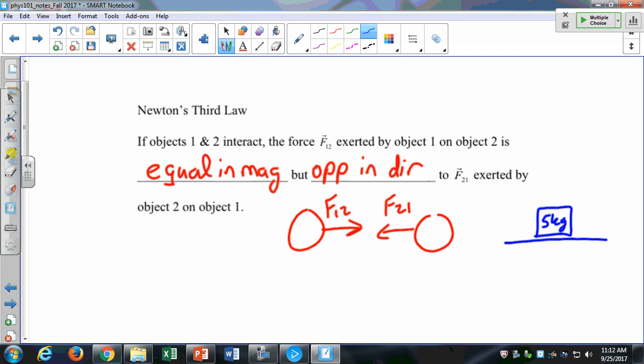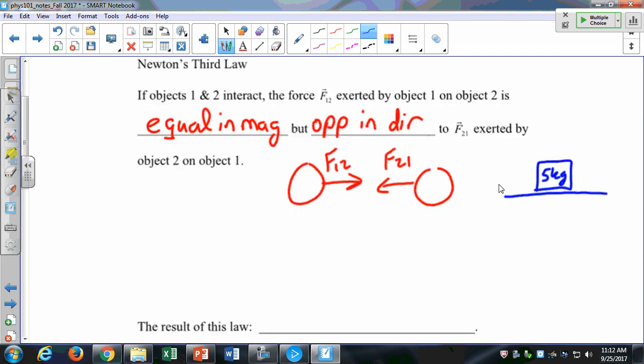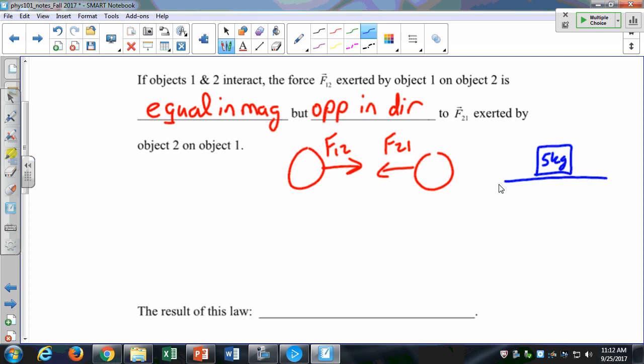And so what is the magnitude of the gravitational force that's acting downward on that 5 kilogram mass? 5 kilograms times what? Times 10 meters per second squared. Right, so my weight force here is 5 kilograms times 10 meters per second squared, and that's equal to 50 newtons.